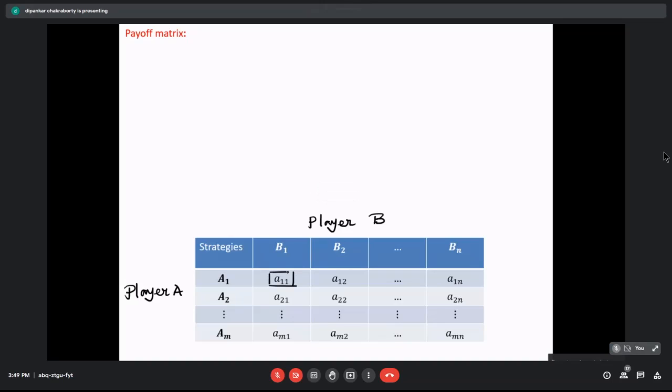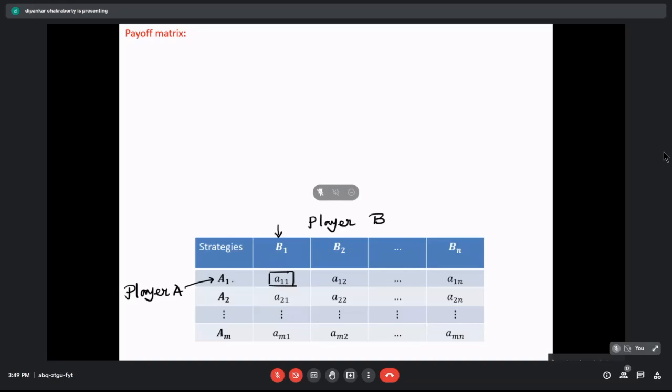It means that if player A plays the strategy A1, and player B plays the strategy B1, then the A1B1 entry is a11.